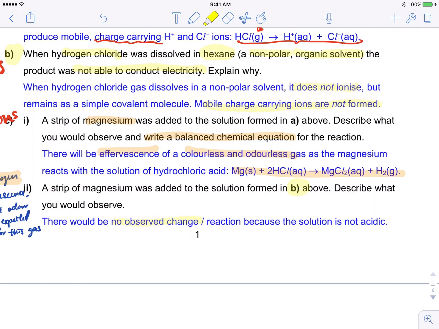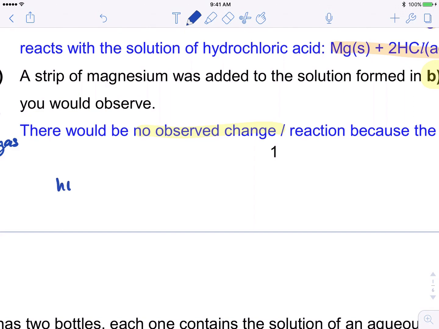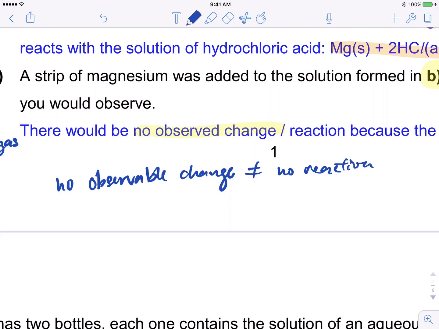Okay, we can't say that there is no reaction. So let me just write here. No observable change doesn't mean that there's no reaction.